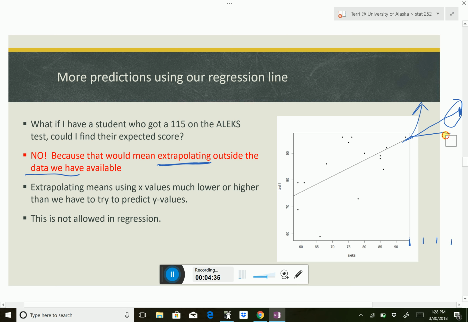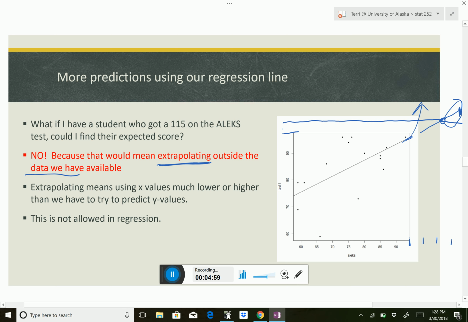I imagine at some point it would have to, because the maximum I could do on that test was 105, on the x-axis. So it would have to stop right here anyhow. I don't even know if it would get to it.